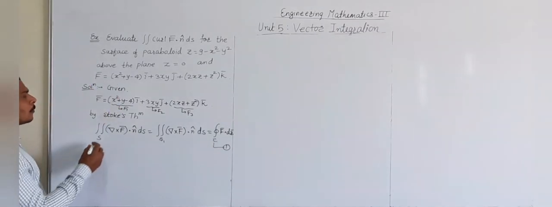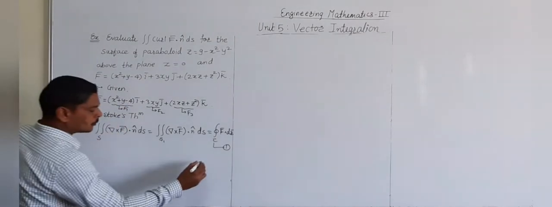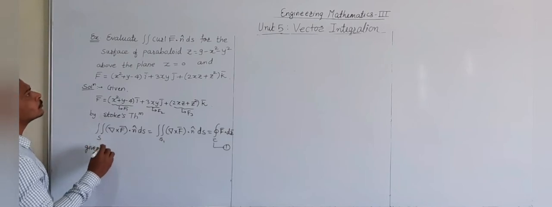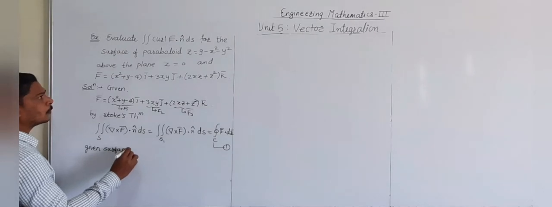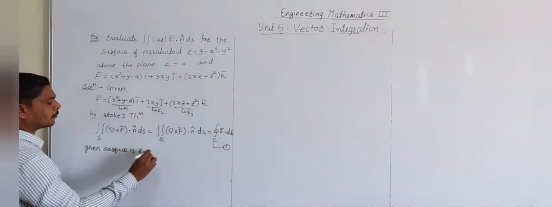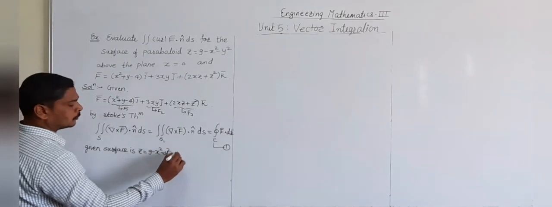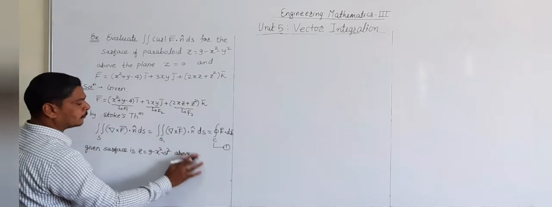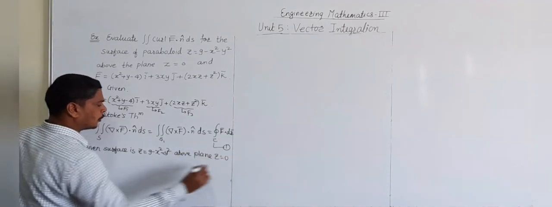Okay, so first of all I will draw the given curve. The given surface is z is equal to 9 minus x square minus y square, above the plane z is equal to 0.